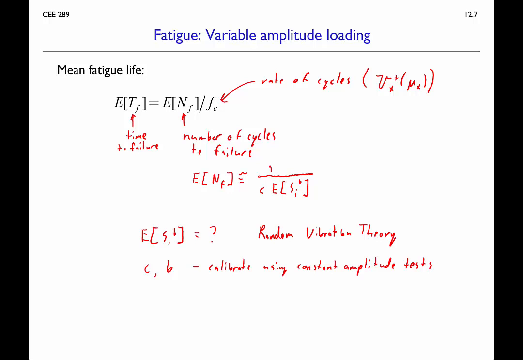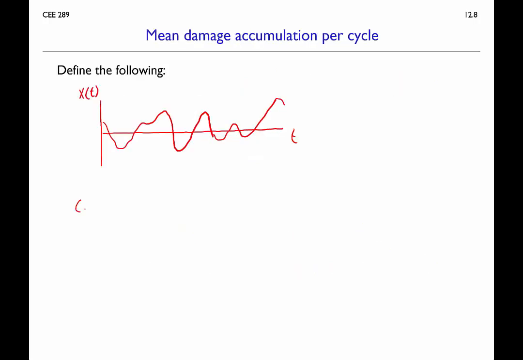So let's think about loading again. We'll make it not constant in amplitude this time. So the realization of our process could look like x(t) versus t. It's coming down, up, down, up, and so on. As I said before, what we're going to call a cycle is an upcrossing of the mean.